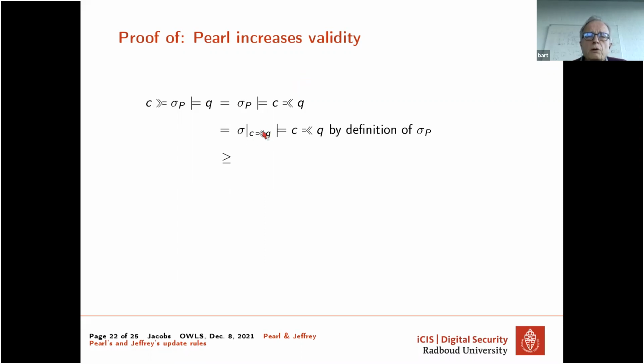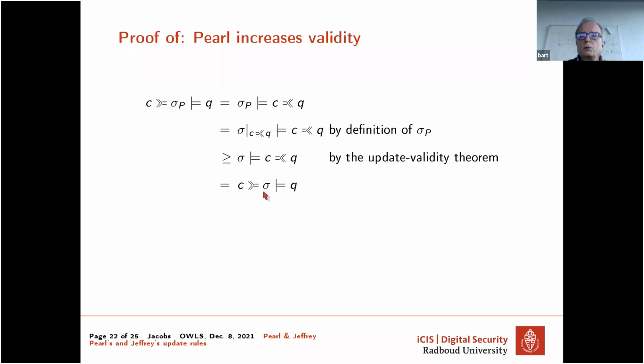Now I fill in the definition of the Pearl update, which is sigma updated with the pullback predicate. And now remember the update validity theorem that says that if you have a predicate on this side and you update with it, the validity of the whole thing is bigger than before the update. So this is bigger than this. And now I can move the channel back to the other side, which gives me the predicted distribution, and I look at the validity of Q there. So in the end, I've shown that the original validity is less than the validity after the update. It's an easy proof, but again, Jeffrey's is difficult.